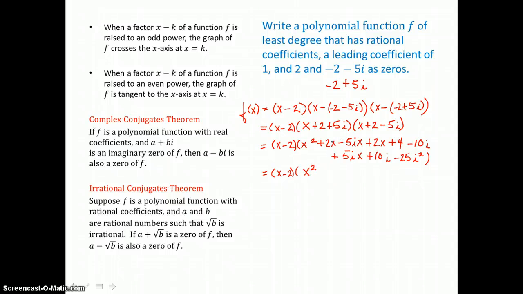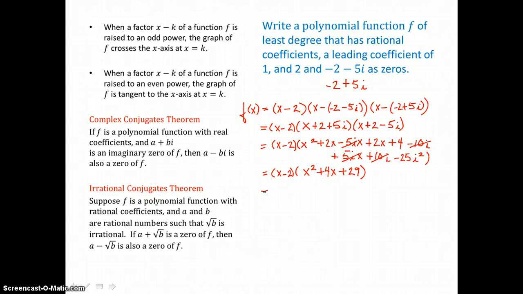I have positive 2x added to positive 2x, that's positive 4x. Negative 5ix and positive 5ix come to 0, so they cancel each other out. Negative 10i and positive 10i also sum to 0, so they cancel each other out. And then I have i squared, which is negative 1. Negative 1 times negative 25 is positive 25, and I'll add that to that constant 4, so getting a total of 29.